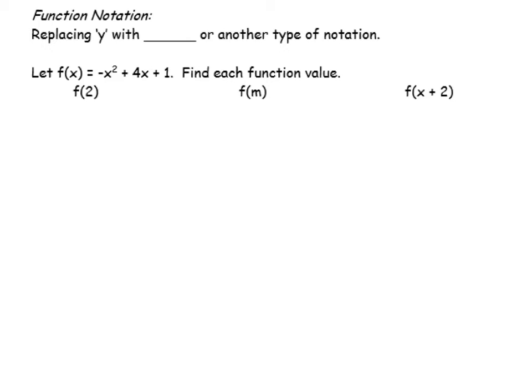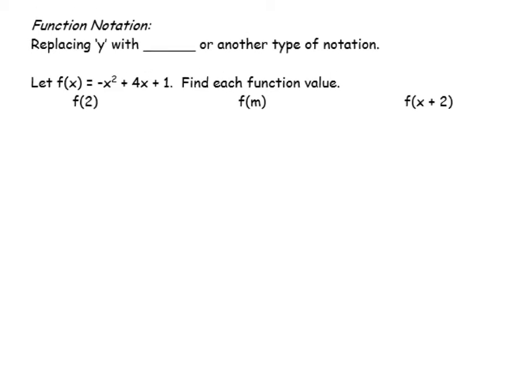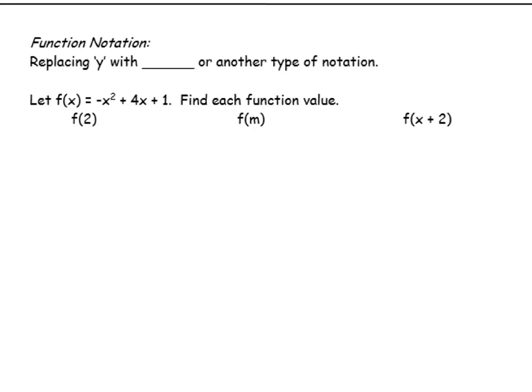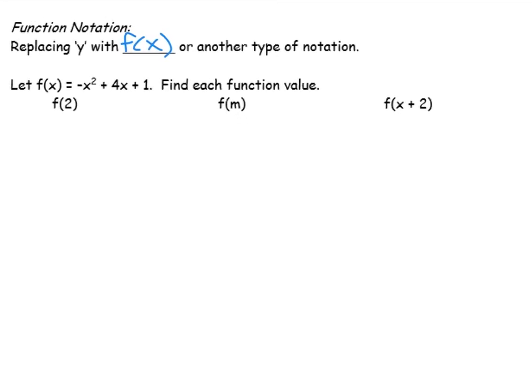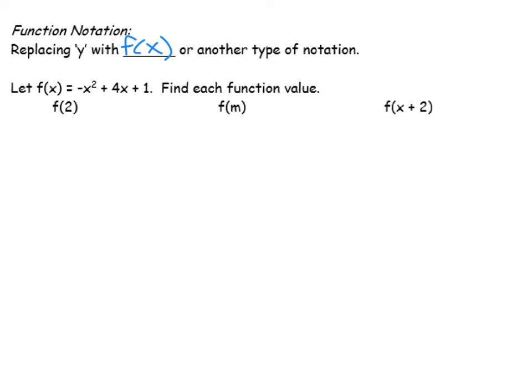We've already used it a little bit, but a lot of times we'll work with what's called function notation, where we replace y with f of x, right? The reason we do this is we can more easily communicate what's going on with the ordered pairs that our function has, right?